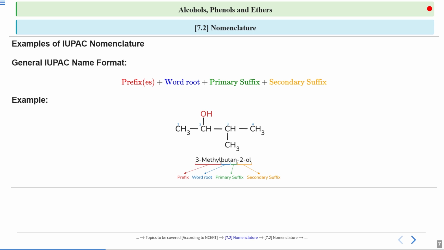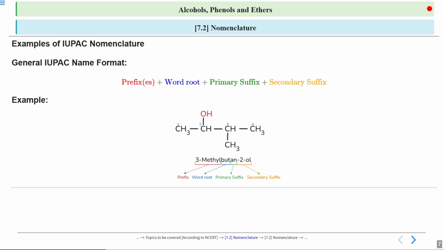So the prefix is 3-methyl, which represents the substituent present in your compound. Then comes but. But is considered the word root because it represents the number of carbons in the parent chain. We have 4 carbons present in our parent chain, which is represented by but.